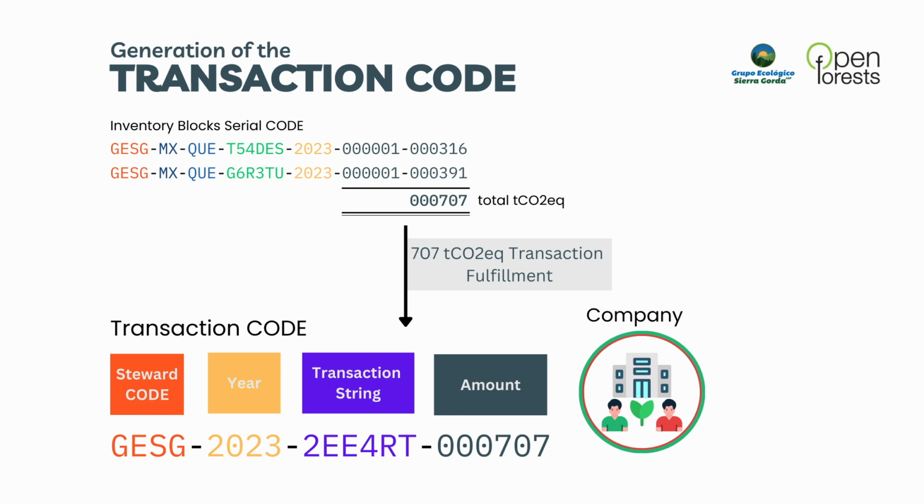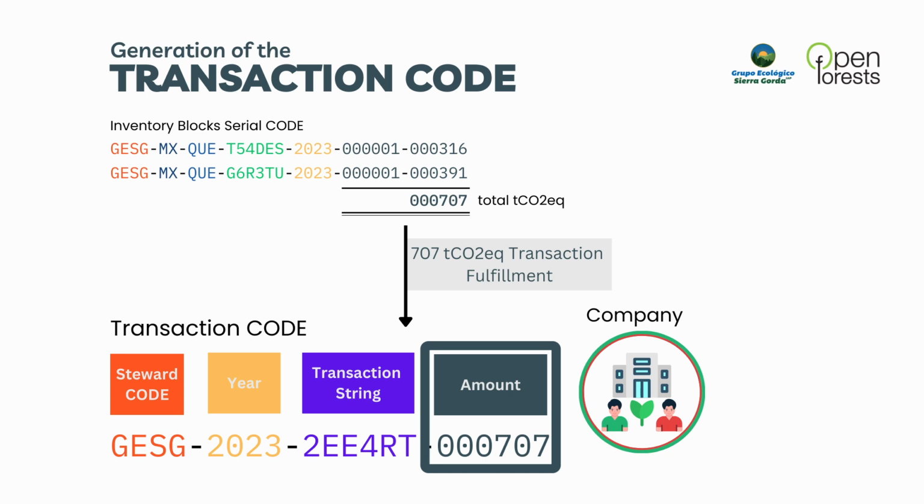So a company that needs to fulfill their compensation in terms of carbon can now buy a carbon sequestration from this project. And this transaction is documented via a transaction code, where you see in gray the amount that has been transacted through that company.